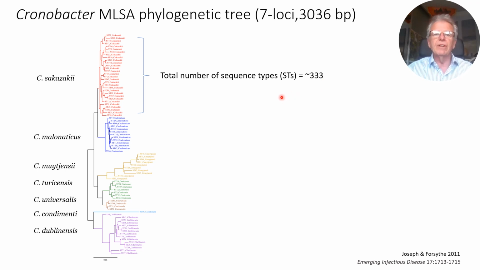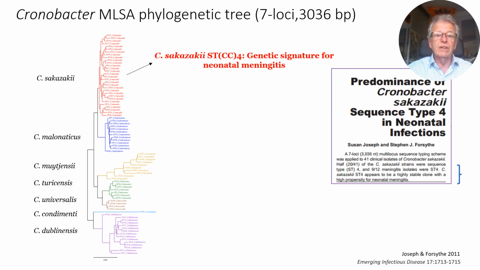What Susan Joseph and I showed a few years ago now is that when we look at cases of neonatal meningitis, and it's stated here in our paper in Emerging Infectious Diseases, that the ST4, out of that like 300 group, is the particular sequence type which appears to be a stable clone with a high propensity for neonatal meningitis. So we published that about 10 years ago, and so that's 1 out of the 300 odd sequence types.